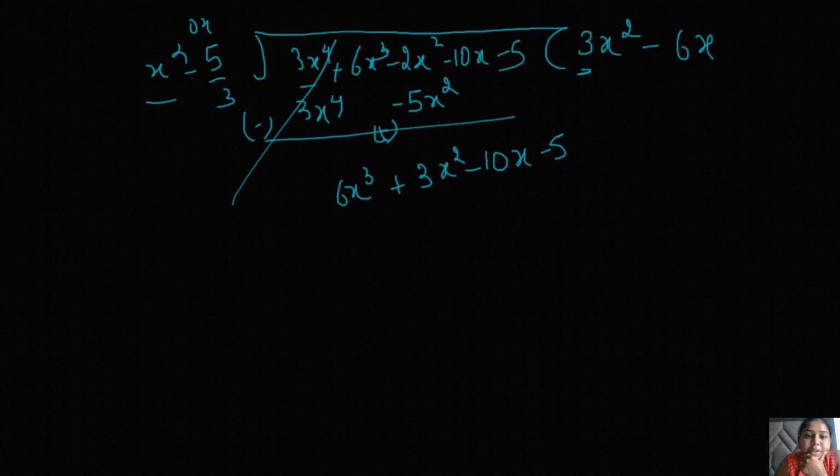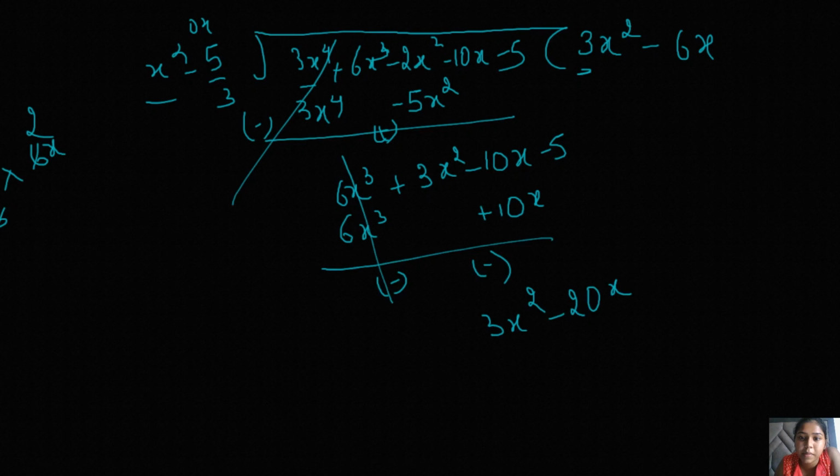Now if we multiply this term by this term, what we'll be getting is plus 10x, because both the minus signs will be cancelled with each other. So this will be plus 10x, and the signs will be changed like this: 3x^2 minus 20x minus 5, right? Always arrange them in the ascending order.